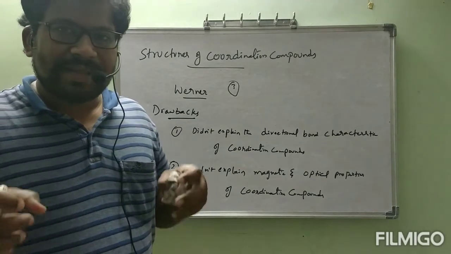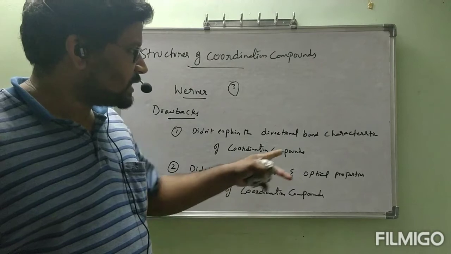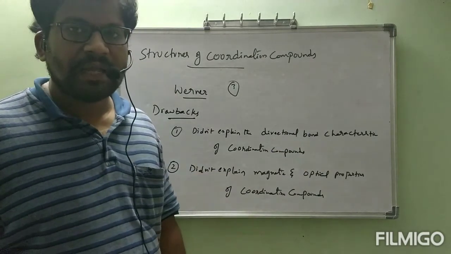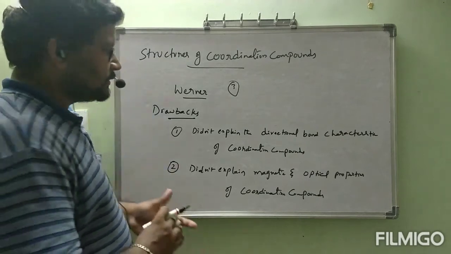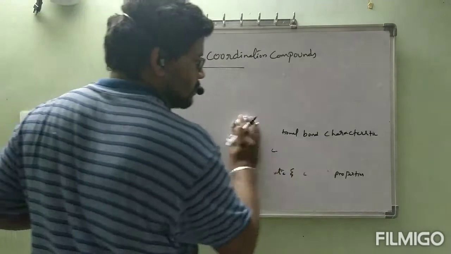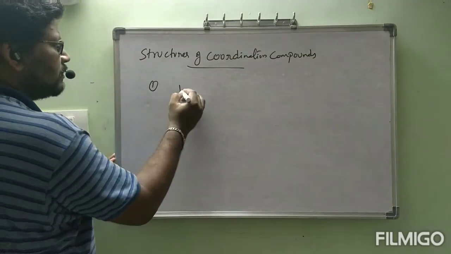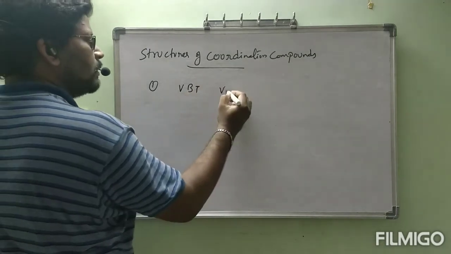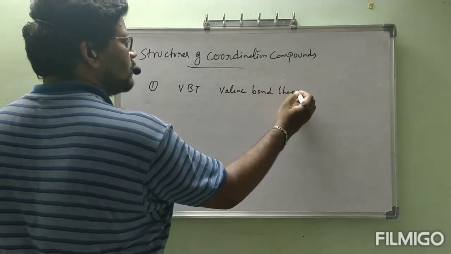To explain these reasons and structures of coordination compounds which are involved with the directional bond property, some theories try to explain. Those theories are: first one VBT, valence bond theory.